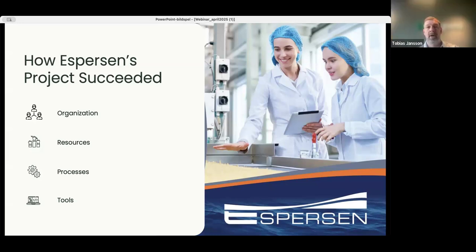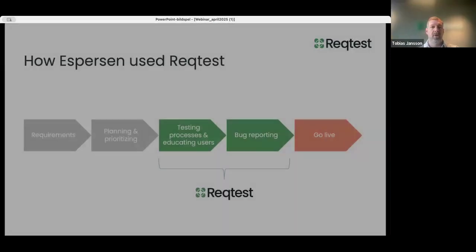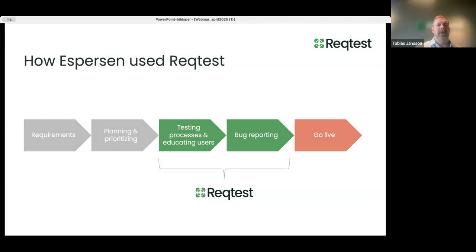I can imagine that. So, to summarize how you then used it, your specific main focus when it comes to tying it back to Rectest was for the testing processes and the education of users, as well as the bug reporting.